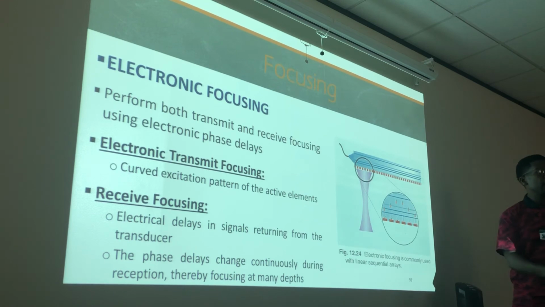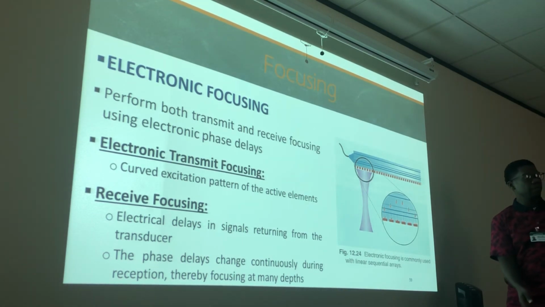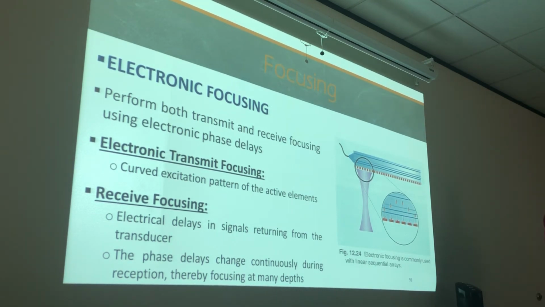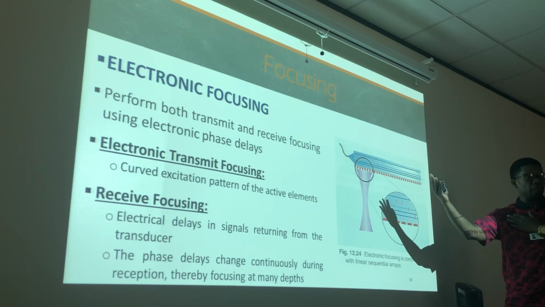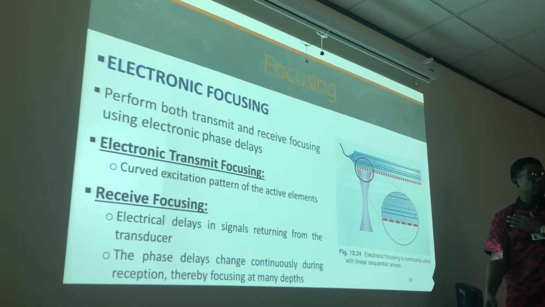That's what's going to create our hourglass beam. That's why every time you hear focusing, I always want you to associate that with something curved. Whether it be, like I said, internal focusing, curved PZT; external focusing, a curved acoustic lens; electronic focusing, a curved excitation pattern from electrical signals coming from the beamformer to the transducer.